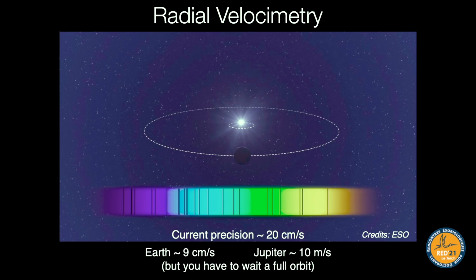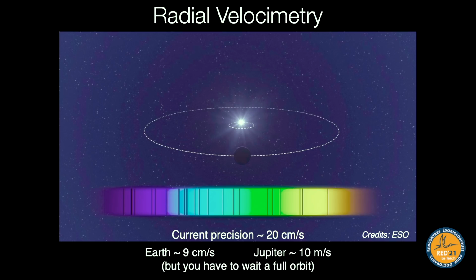The idea is really simple. What is less simple to understand is that this technique, and the technique I'm going to show you after, is actually indirect, in the sense that we do not collect light from the planet. We collect light from the star, but because of some properties of this light, we infer the presence of a planet. And we'll see how we do that.